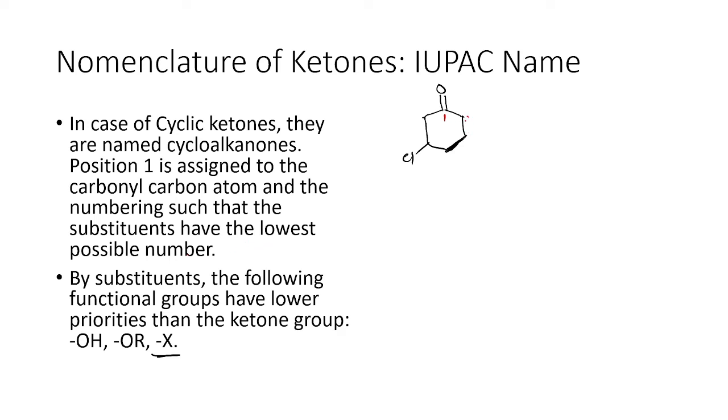So kapag dito tayo dumaan, that will be 1, 2, 3, 4, 5. Not like dun sa kabilang side wherein magkakaroon tayo dito ng 1, 2, and this will be position 3. Okay? So in here, we will have here 3-chloro cyclohexanone.